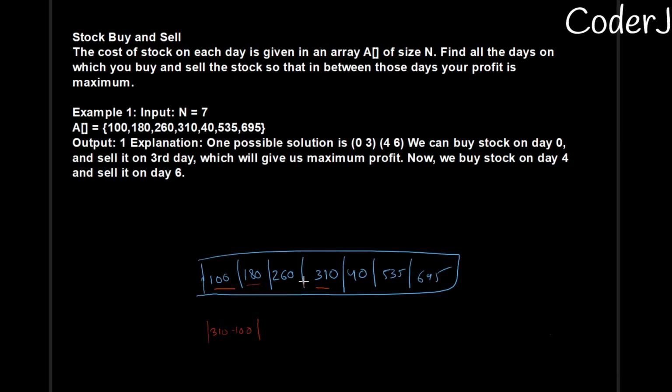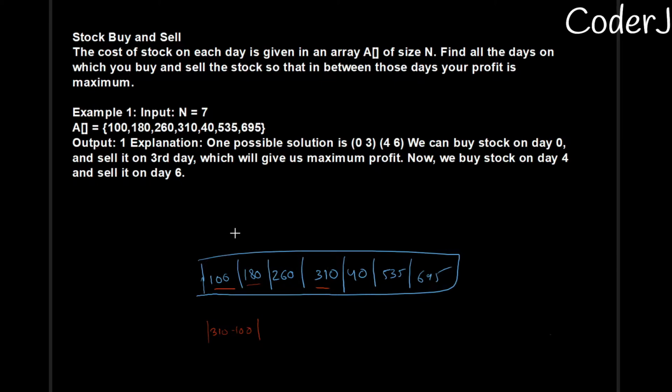What I mean is, the seller can only buy the next batch of stock when he has sold the one bought at 100. It can't go like this, that the seller buys at 100 and again buys at 180 and again buys at 260 and then sells all of them at 310. That can't be the case. So when he has bought one, he needs to sell it before he can buy again, right? It hasn't been explicitly mentioned in the question, but that is a given because it's the same stock.